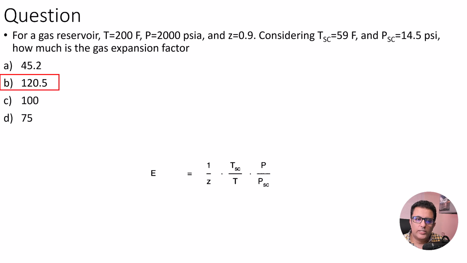For this reservoir, the gas expansion factor is 120.5, and the reason that you may have obtained a different number is that you didn't convert temperature to Rankine. So this is something that you should always consider.